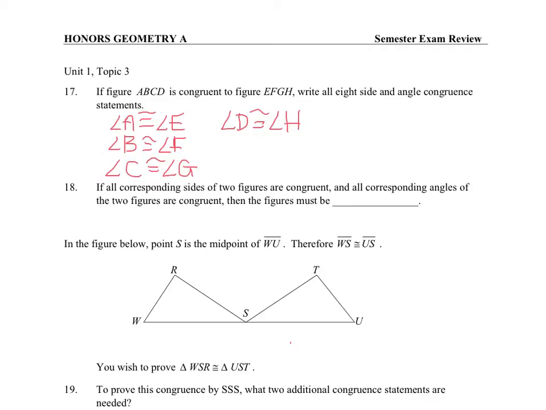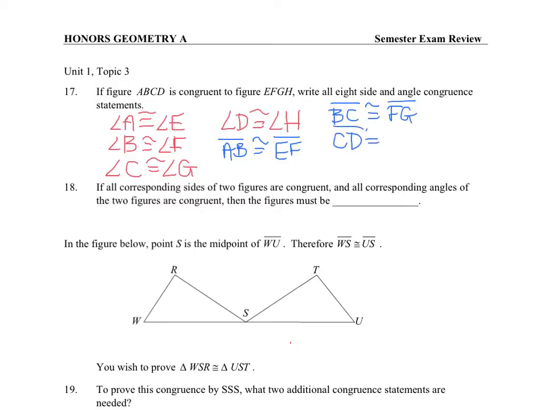For our sides, we take, for instance, side AB, that's got to be corresponding to side EF. So AB is going to be congruent to EF. Side BC is going to be congruent to line segment FG.